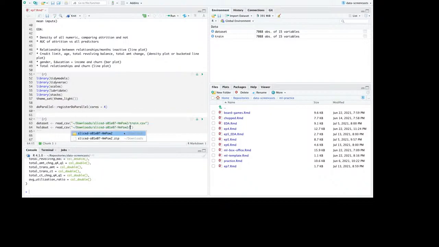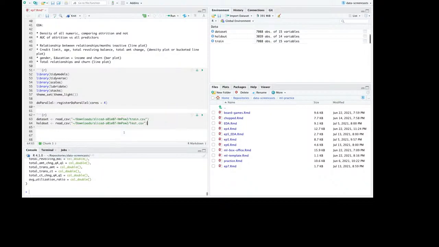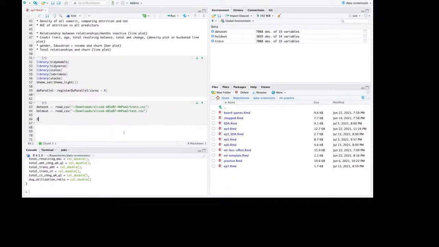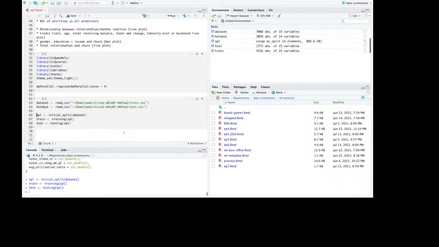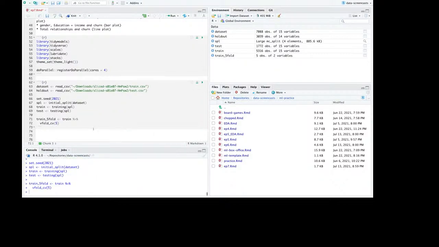I'm so excited to be here with you, to be coding and doing all this. And then we'll say split is initial split of dataset, train is training on split, and test is testing on split. And I neglected to do set seed 2021 as my tradition. In fact, I also like to do train 5-fold, so train vfold CV5.